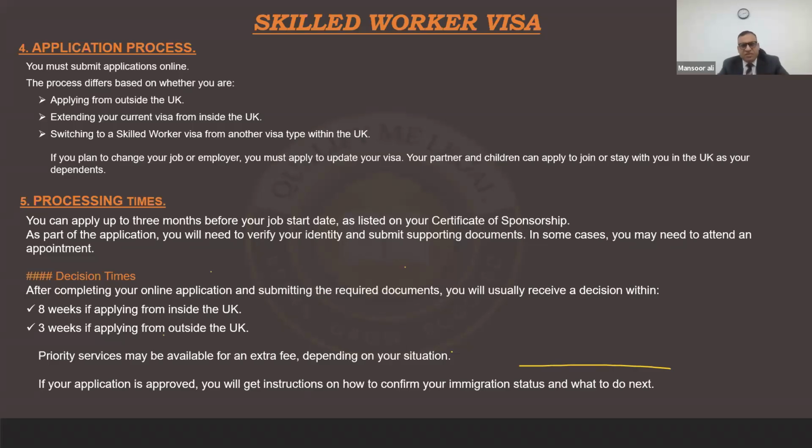If they have good employees and good turnover, they are established. The most important thing is they must have an established business from outside the UK. Then you can apply for this visa. This is the basic requirement. Obviously, we have other requirements, but it should be a very properly established business. Then go for this visa. Otherwise, the Home Office is going to refuse it.